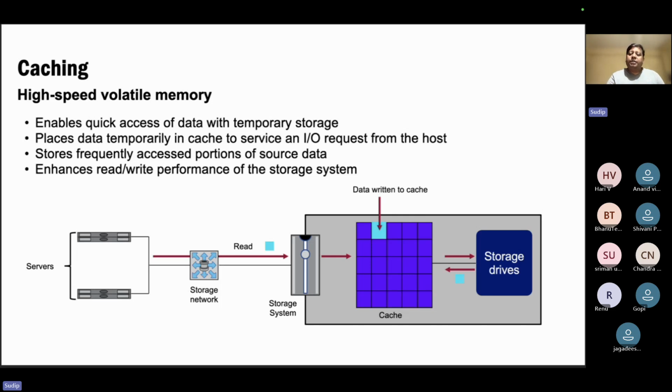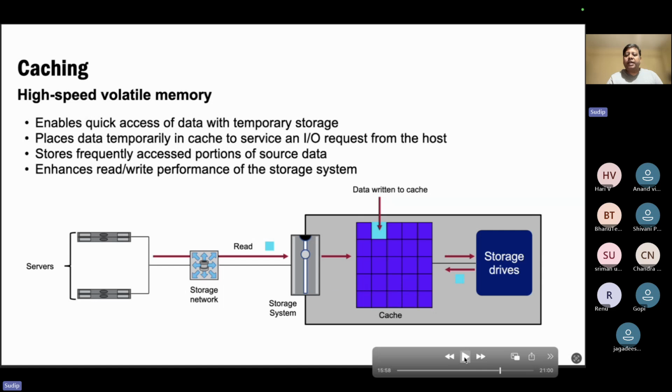This data written to cache comes after the data has been identified, as to which storage drives the data is in, and then all those chunks will come and sit in the cache. Once it sits in the cache, from there the data is sent back to the application that is requesting it. So this is what happens whenever you are reposting, sharing, liking, or doing any kind of action on the content that you had created on a platform.